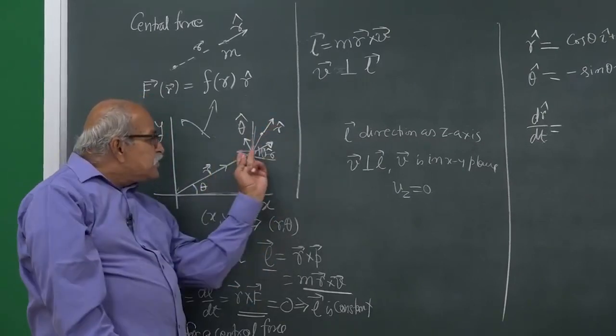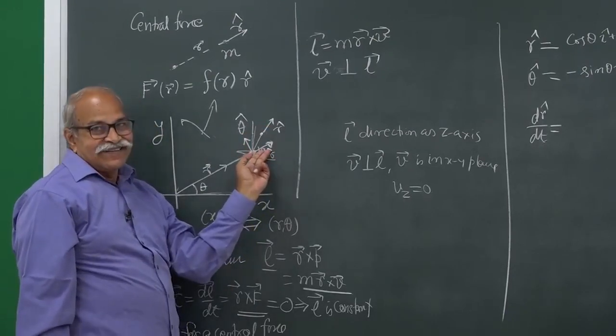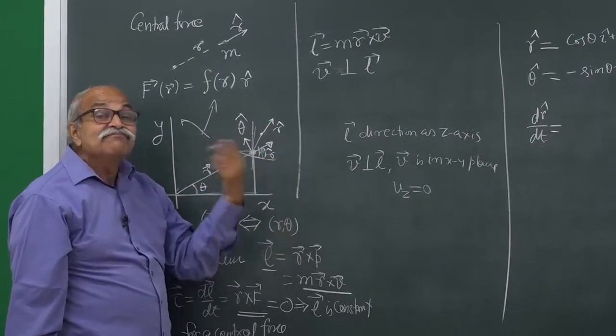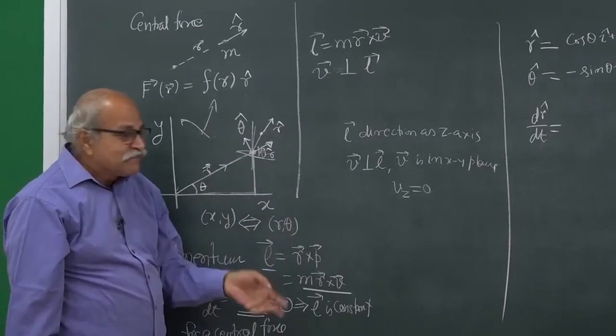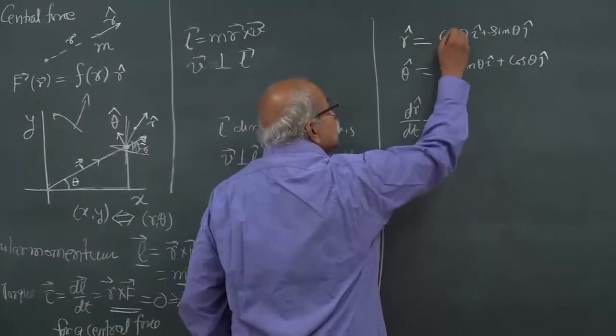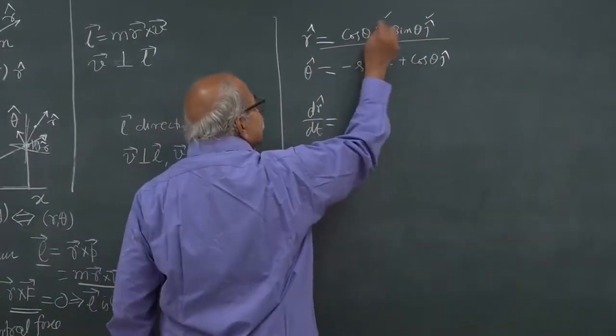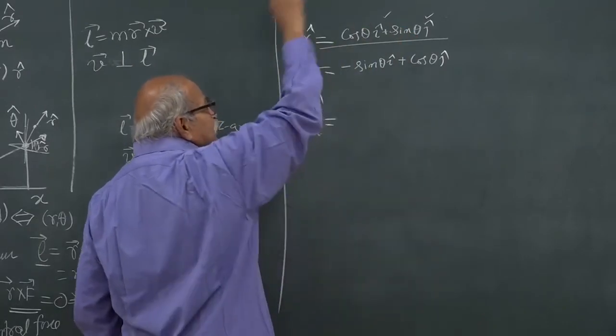How much is the change in r cap? This vector minus that vector is the change in r cap, and I divide by dt. Here i cap, j cap are fixed vectors, theta is variable, theta can change as the particle moves.